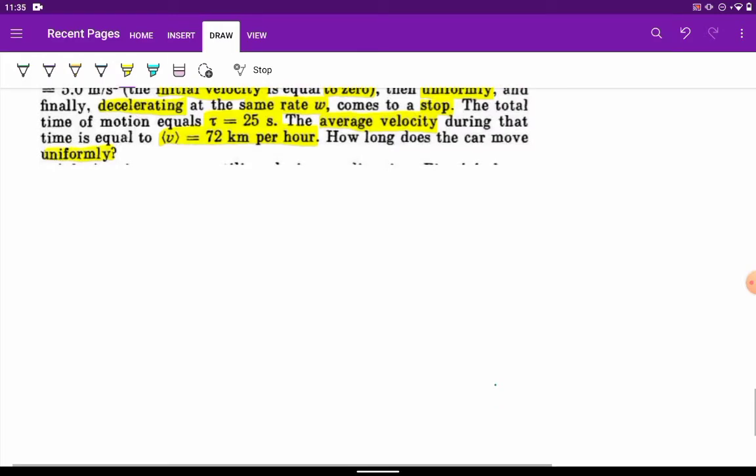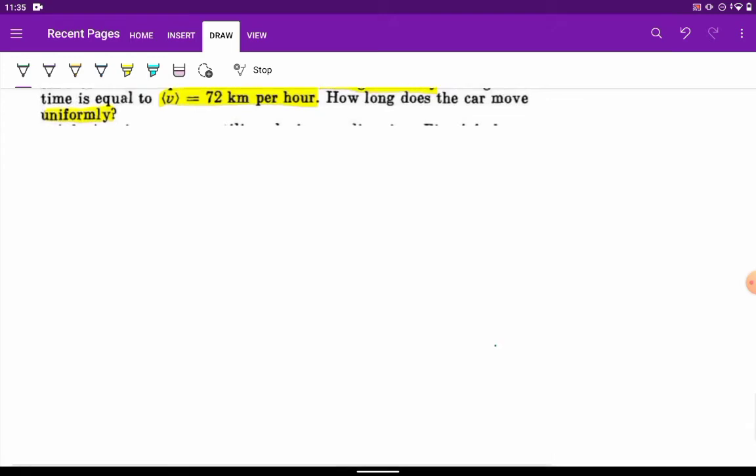So we start by drawing the curve. The y-axis would be the magnitude of the velocity and the x-axis would be the time, right? Initially the car starts with zero velocity and it accelerates uniformly at a rate w.